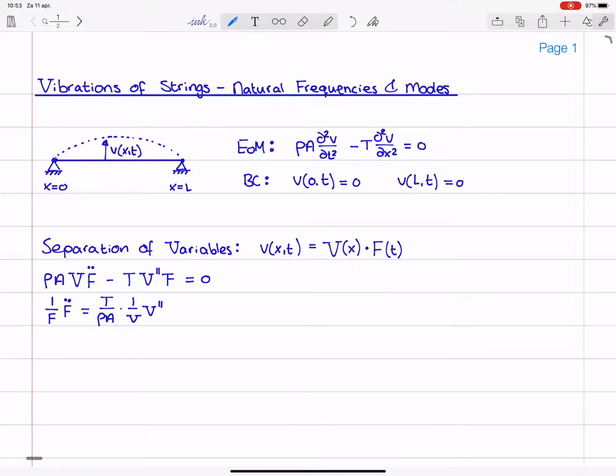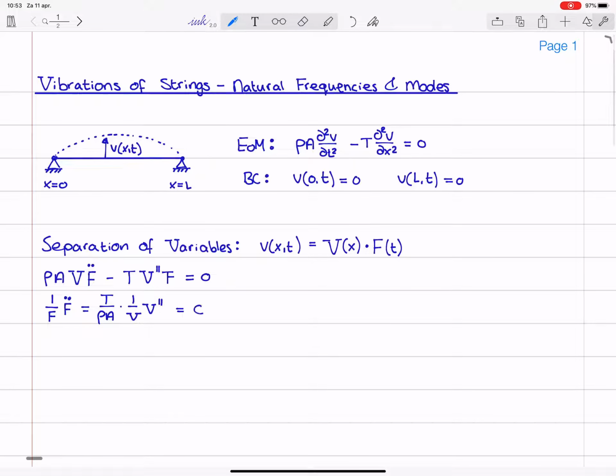So how can this be true? How can a function of time be equal to a function in space? In general, this cannot be the case unless both sides of the equations are equal to a constant. So these must be equal to a constant. Let's call it c. And this is called the separation constant.